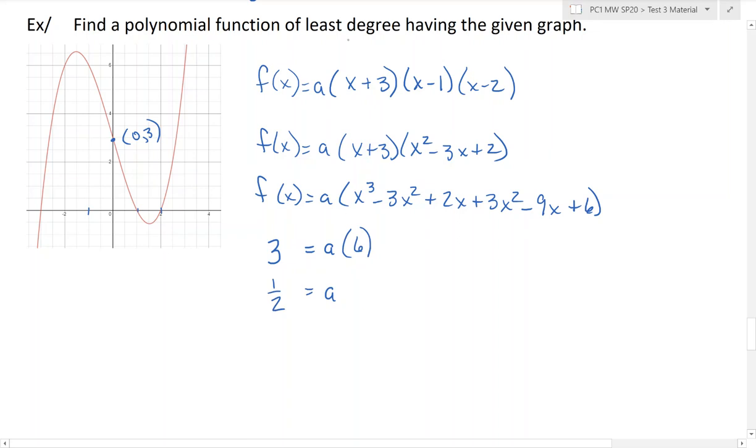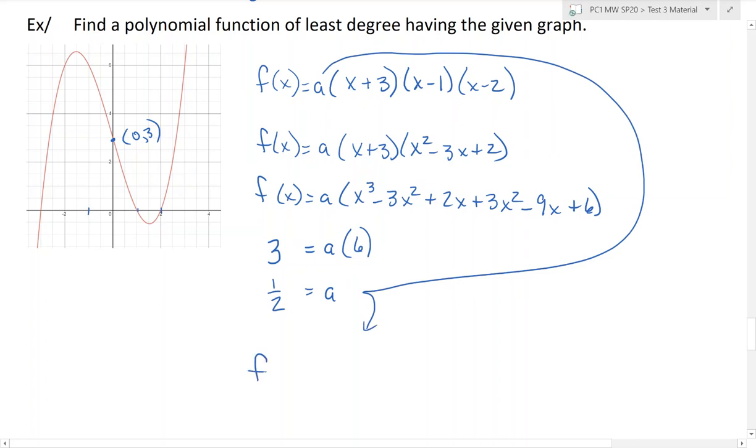Now you're going to have to go back and backfill that function that you made. So f of x equals 1/2 times (x cubed minus 3x squared plus 2x plus 3x squared minus 9x plus 6).